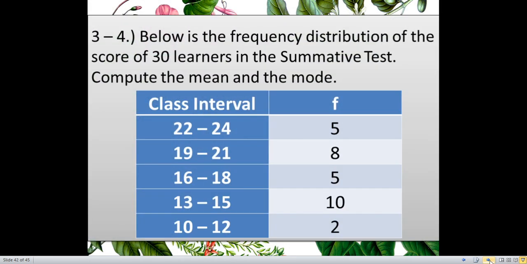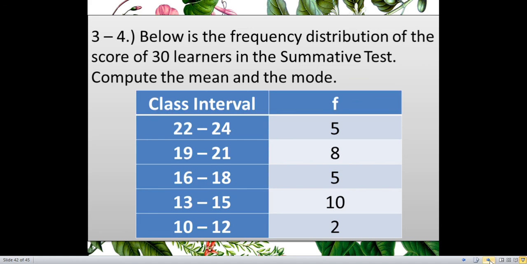Okay, for numbers 3 to 4, we're going to use this frequency distribution of the scores of 30 learners in the summative test. Compute the mean and the mode. So we have class interval and frequency. We have 22 to 24, 5; 19 to 21, 8; 16 to 18, 5; 13 to 15, 10; 10 to 12, 2.